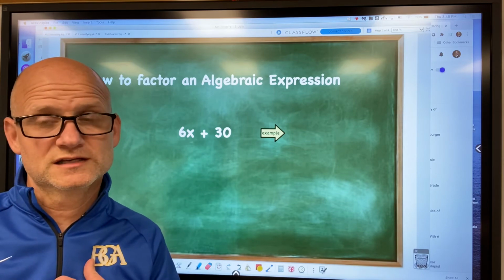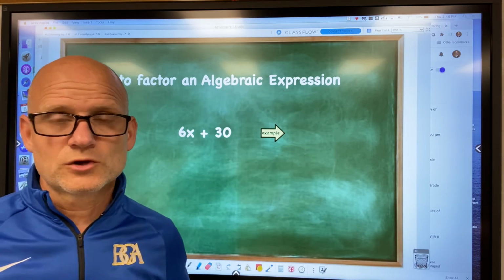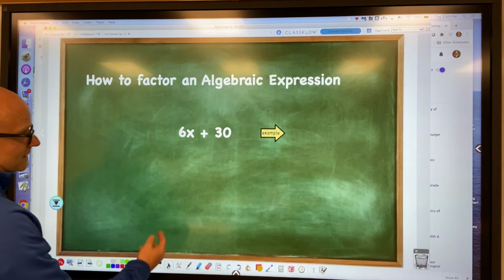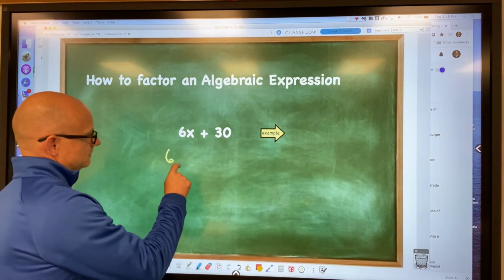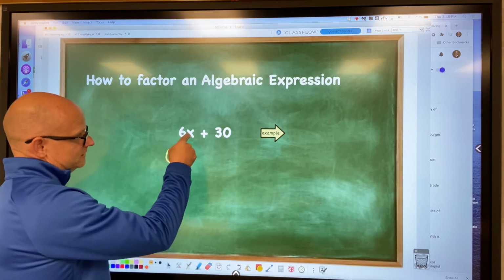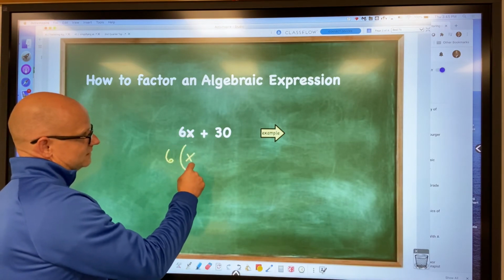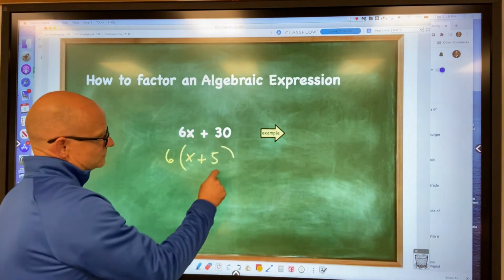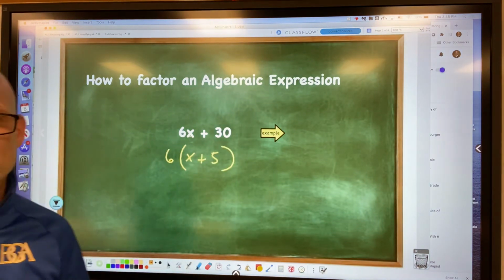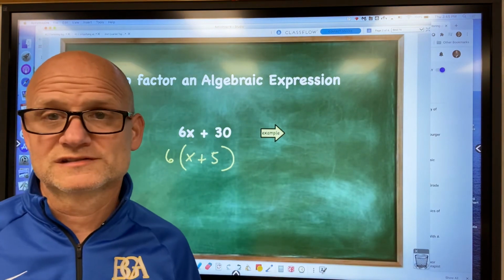You could even say 6. So let's factor out the 6 here. And then we would write, well, 6 times what is 6x? Well, that would be x. Plus 6 times what is 30? That would be 5. And so we have now factored this algebraic expression.